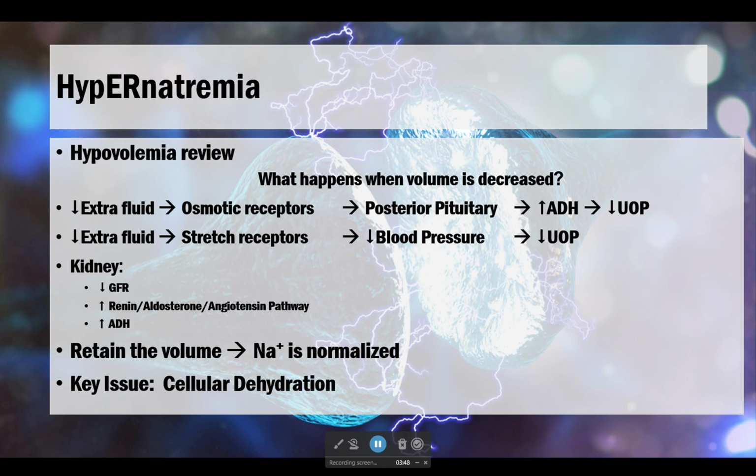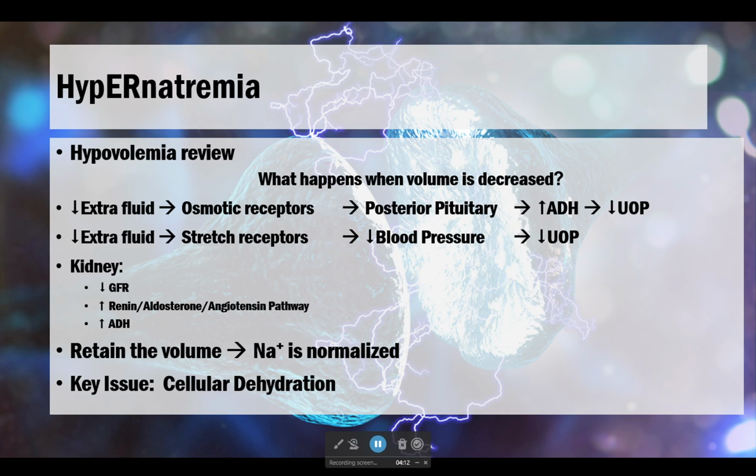Now we want antidiuretic hormone. So now we want to not pee. In that case, we're going to retain fluid as we ingest fluid, where our fluid levels will go up. We're not peeing it out. Perfect. We're resolving the issue, returning things to homeostasis.